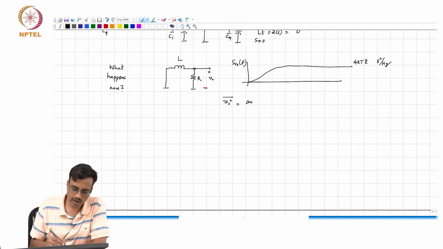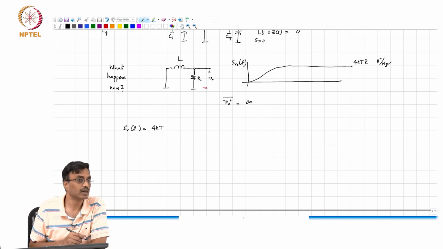The original proof of the theorem starts from Nyquist's result, which you know to be S_v of f is 4kT times the real part of Z of s, real part of Z(j 2 pi f), correct.